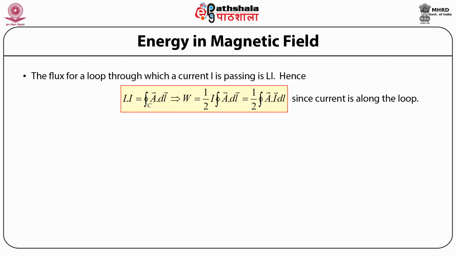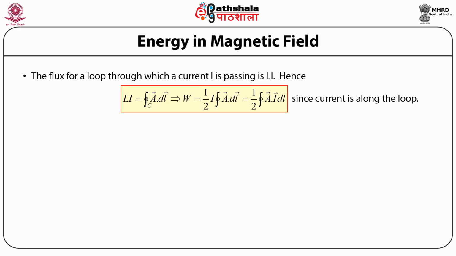The self-inductance L times the current I is equal to the line integral over the closed current loop of the vector potential A dot the line element vector dl. And using this definition, we can substitute it in the expression that we defined above for the work done, or the energy stored in the magnetic field.